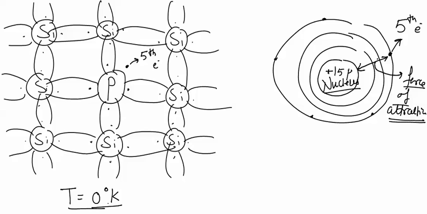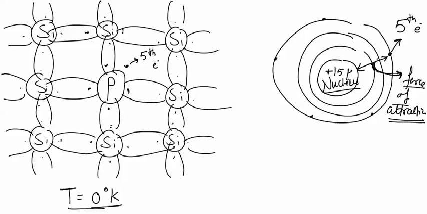So at T equal to 0 degrees Kelvin, all these electrons are in covalent bonds, while one electron with each phosphorus atom can take part in conduction, but we have seen that this electron is also bonded with the nucleus of phosphorus due to a force of attraction between them.